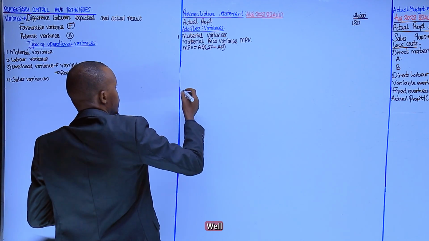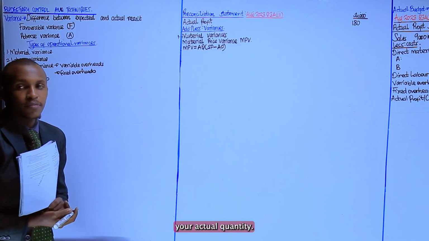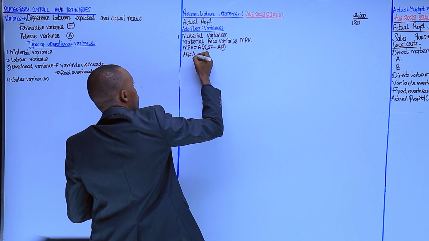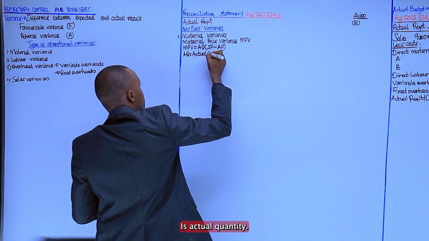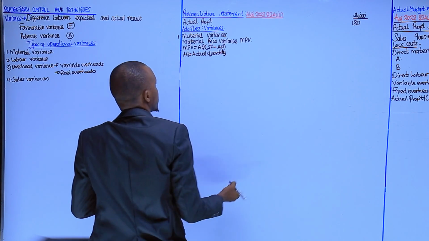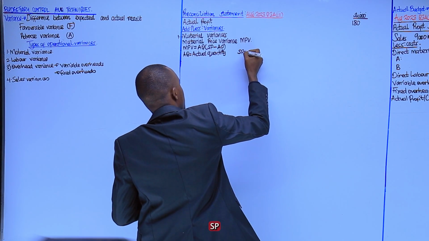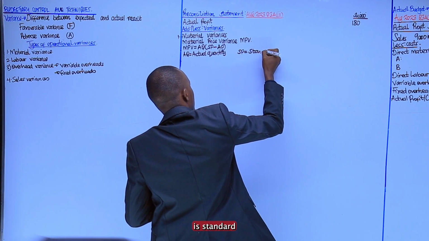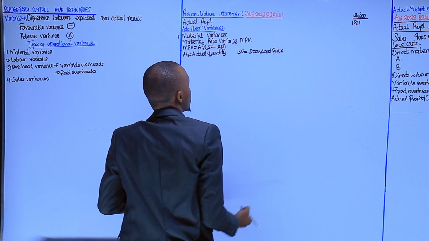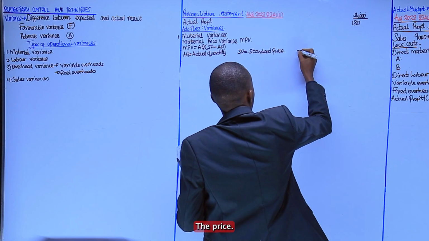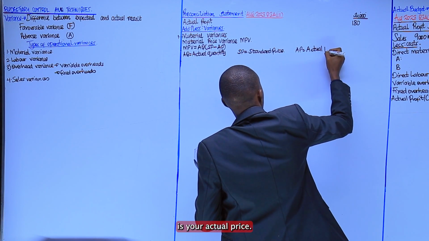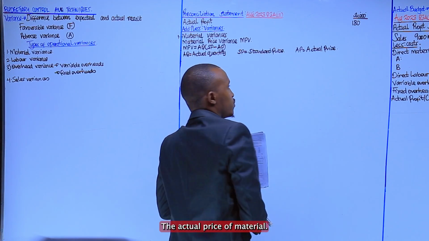Where AQ is your actual quantity, SP is your standard price, AP is your actual price of material.